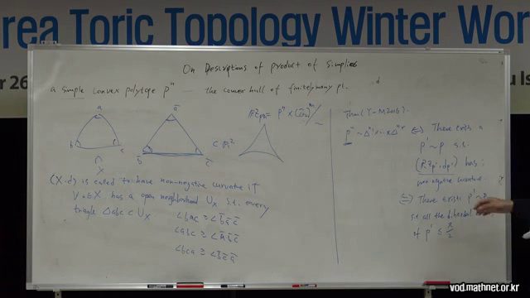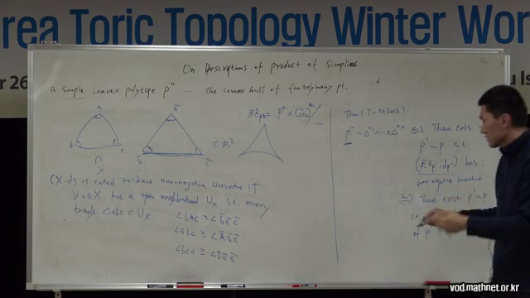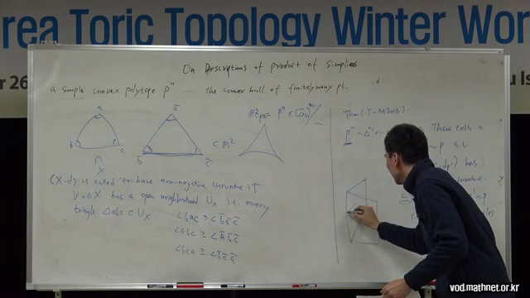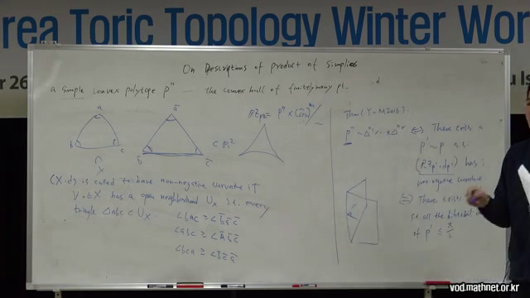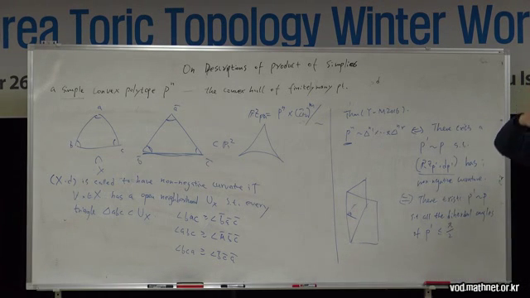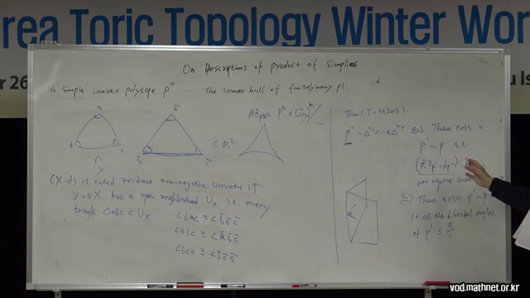So it means you can somehow deform the facets of the polytope such that all the dihedral angles of two facets are less than or equal to pi over 2, then it must be a product of simplices.